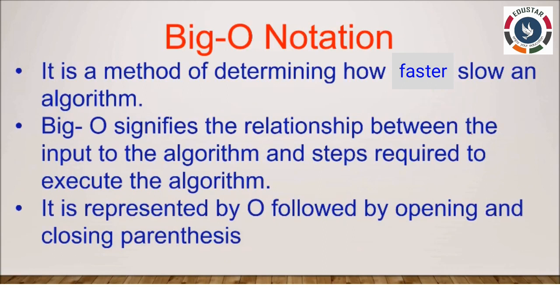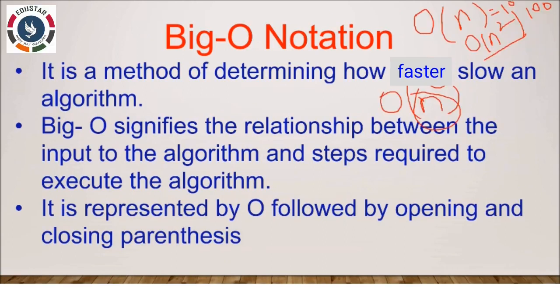We describe the algorithm's efficiency based on the increasing size of the input, that means the value n. For example, if the input is a string, n will be the length of the string. If it is a list, n will be the length of the list, and so on. So based on this we are going to calculate the Big O notation.